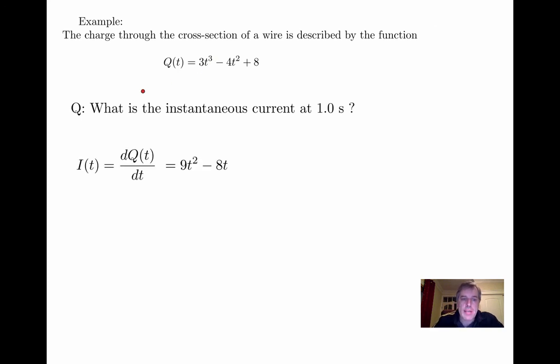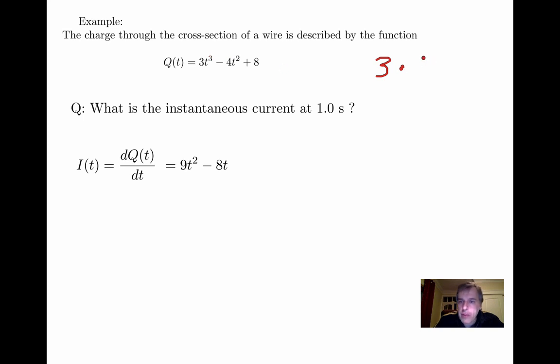So what do you get? You differentiate that with respect to time. Remember, when you differentiate a function, the constant stays the same. So if you differentiate 3t cubed, what do you get? You get the 3 that came from this 3 here, multiplied, I use a dot here for multiplication, by the derivative of t cubed.